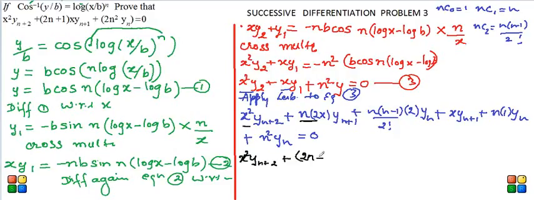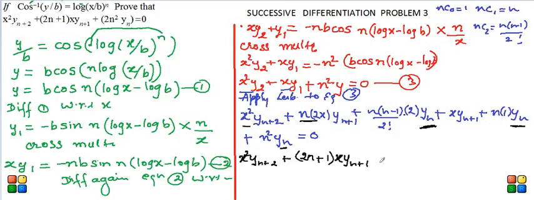So 2n plus 1 x y n plus 1, and from third, fifth and sixth as usual, yn is there.